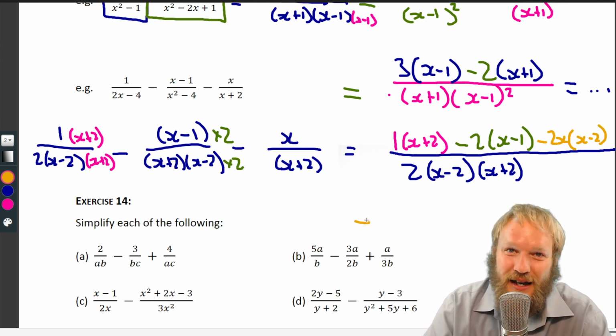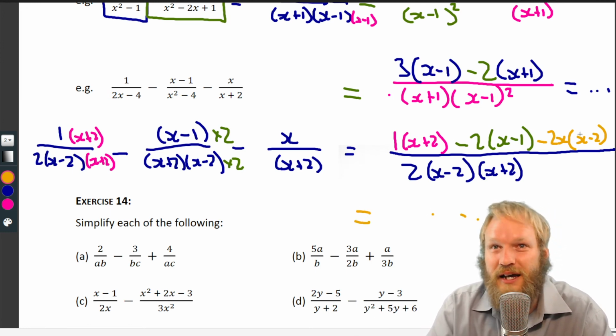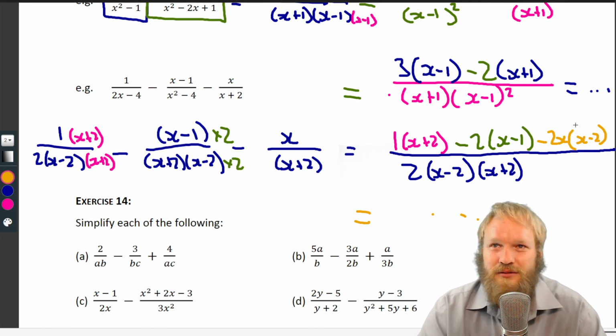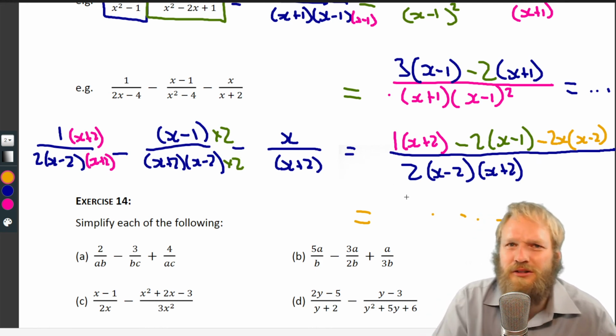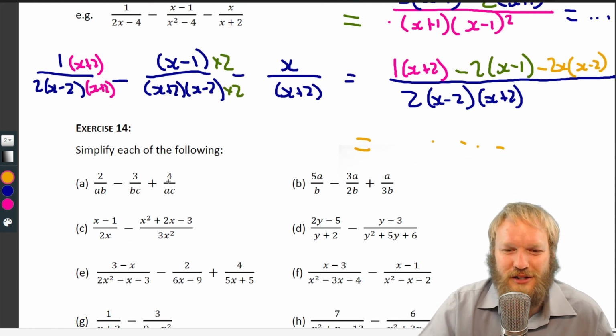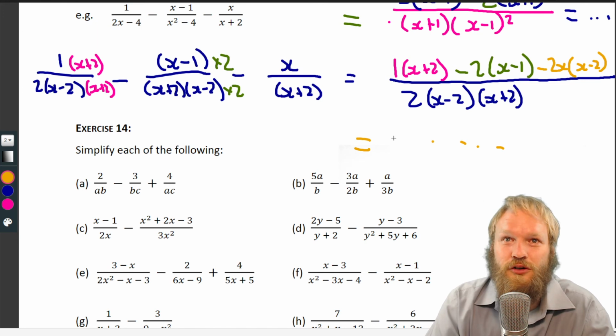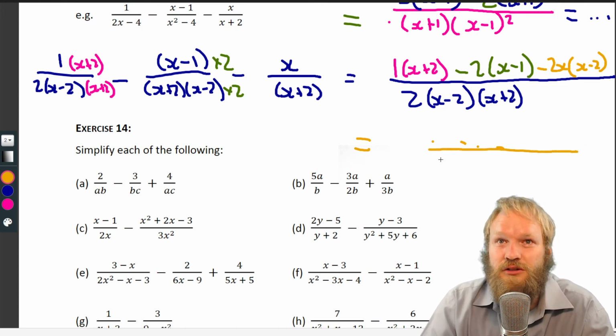Okay, and again, equals, multiply in, add your like terms on the numerator. So you've got x minus 2x minus 2x squared. So I was going to say, should I finish this off? And then, of course, you write no. But let me finish it off for sake of completion. So we've got 2x minus 2, x plus 2.